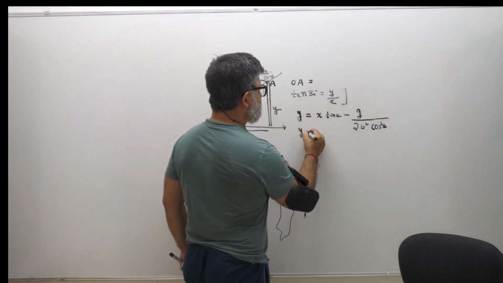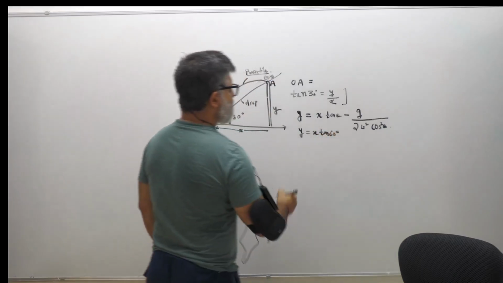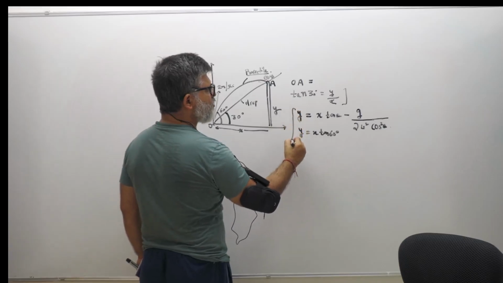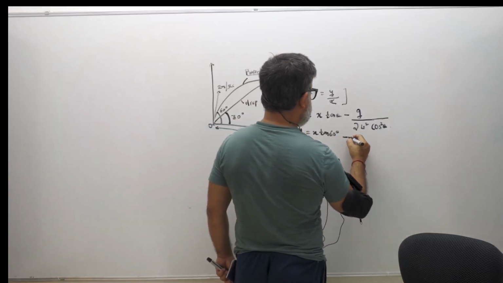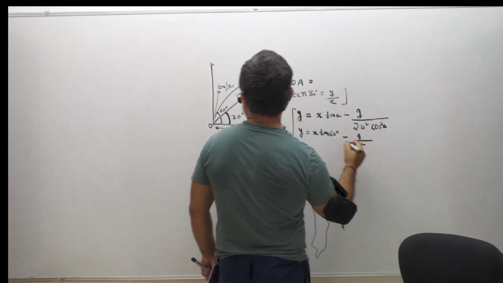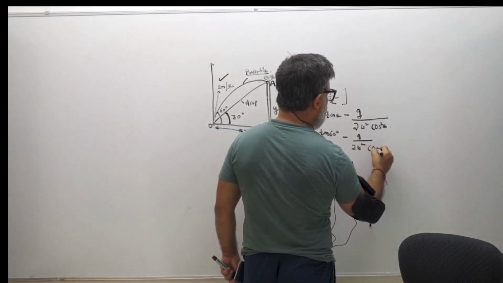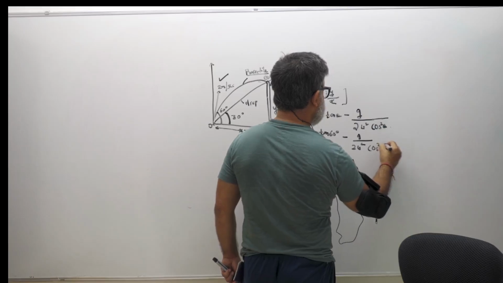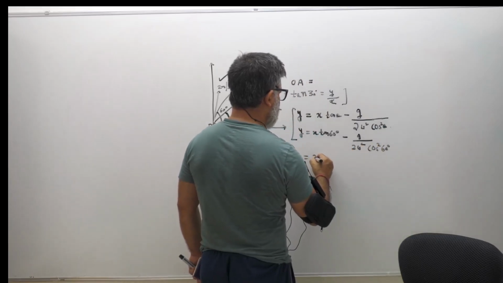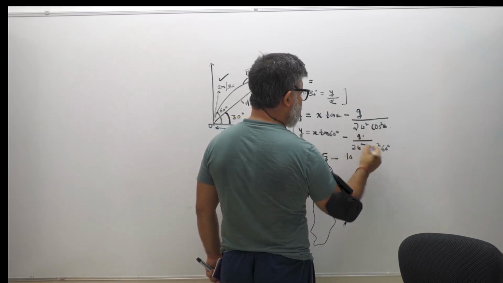So y is equal to x tan 60, because this is now the projectile motion being referred to, minus g upon 2u square, and the initial velocity is known to me, so it's not a problem. So cos square 60 is equal to x root 3 minus 10. I think 10 is always easy to take.